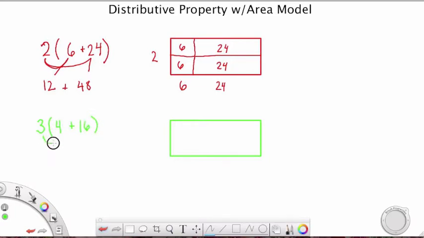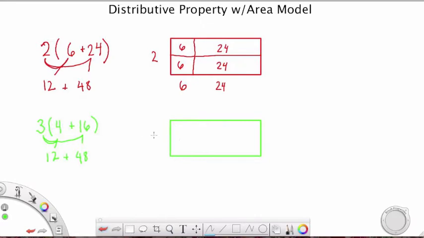Okay, and 3 times 4 is 12, and 3 times 16 will be 48. We have the same thing, but we're setting it up as a different distributive problem or a different expression.